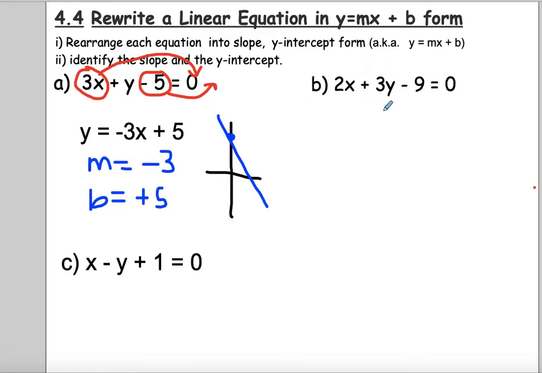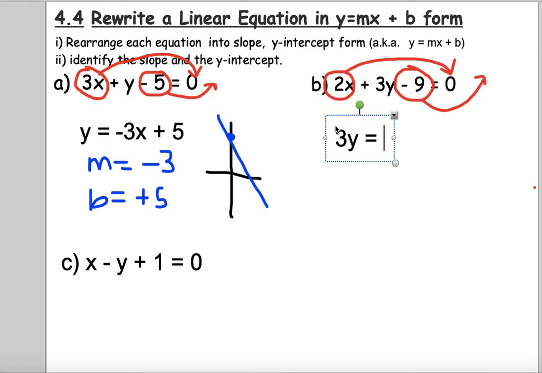If we're going to put this equation, 2x plus 3y minus 9, in terms of y, we're going to do what we did last time. We're going to take that 2x and this negative 9 and send them over. So our next line would be 3y is equal to negative 2x plus 9. This is different from the last one because we have a coefficient on this y.